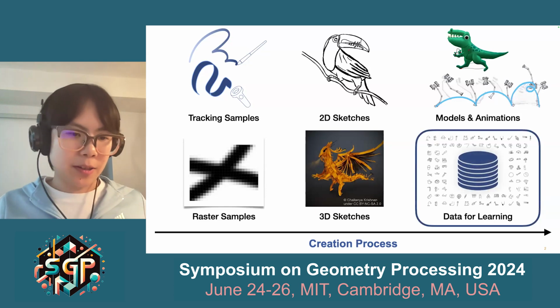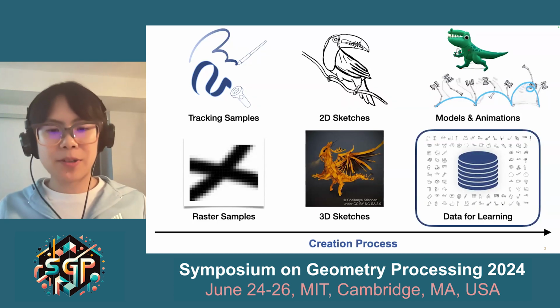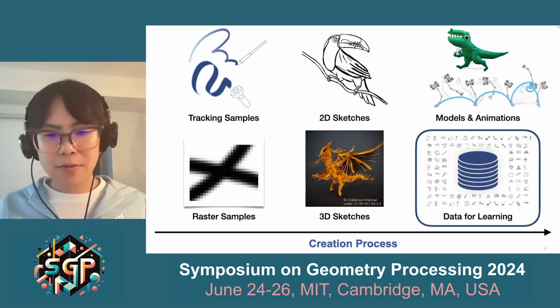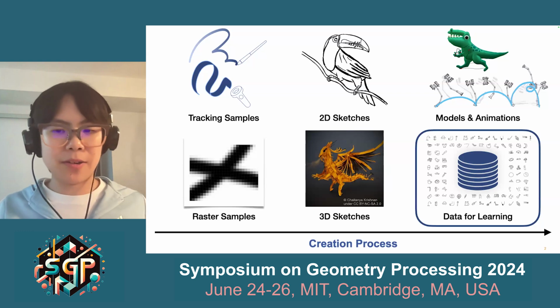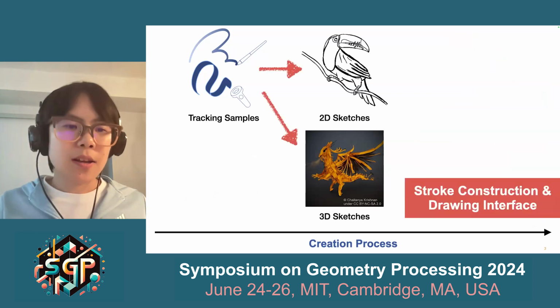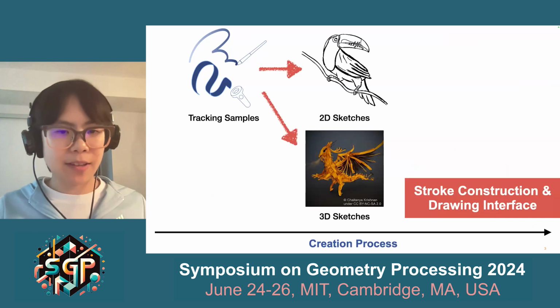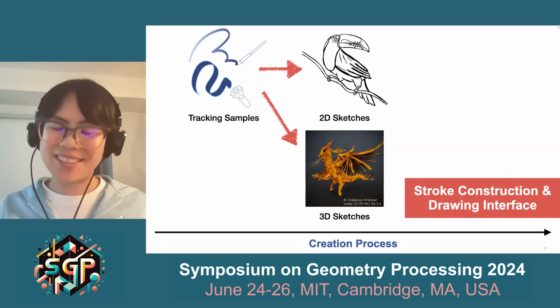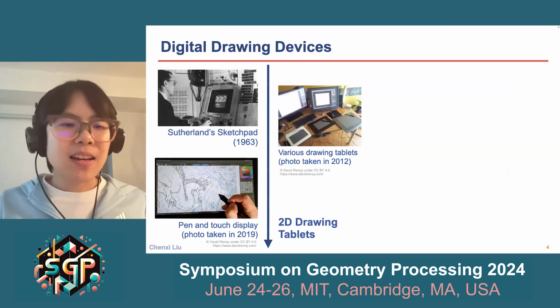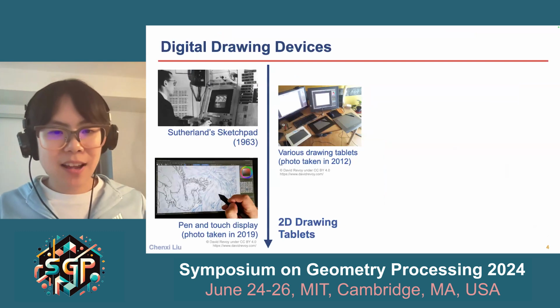This is not in the creation process, but we'll also cover the vision tasks for sketch data because of increasing interest. Let's start with how the action of sketching is recorded and turned into digital strokes. Sketching and drawing activities are recorded by digital drawing devices.